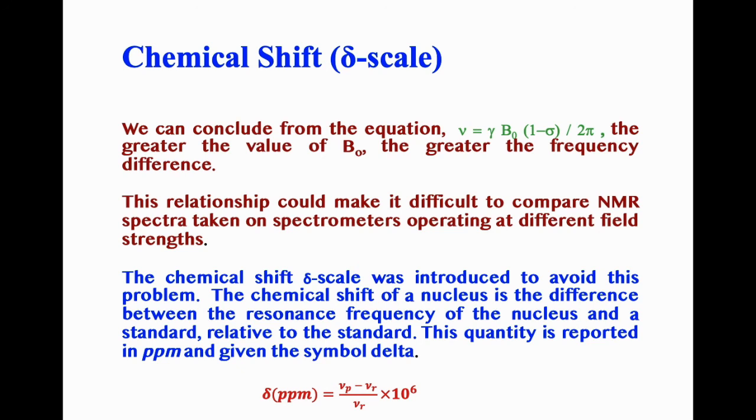It doesn't change. What will change is that with respect to different NMR instruments, the chemical shift values change, but not the chemical shift in ppm. I want to make it very clear. Chemical shift is different from the chemical shift in ppm. The chemical shift changes with respect to the applied field strength, and the chemical shift in ppm does not change with respect to the applied field strength.